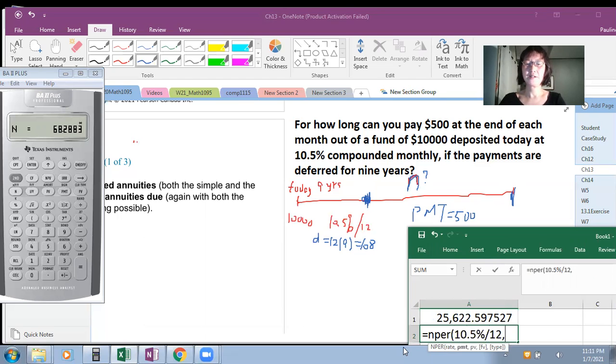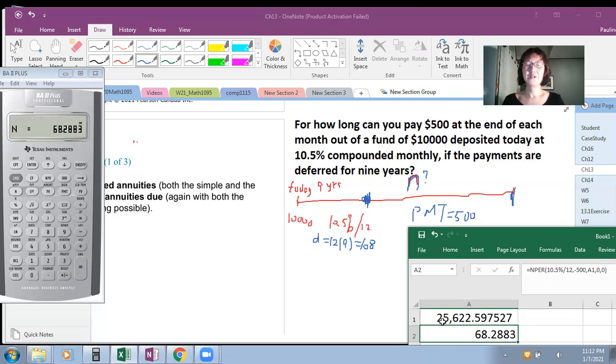PMT is 500, negative 500. PV, present value is this number. Future value is 0, type is 0. And you get the same number as we get over here.